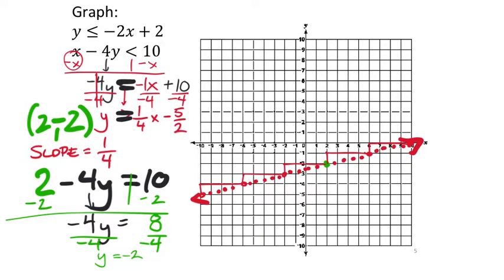So I've got that line, and I'm going to test the origin with that inequality. Okay. So I am going to test 0, 0, origin, in the original inequality, which was x minus 4y. And at this point, I do want the inequality portion of it, so it's less than 10.